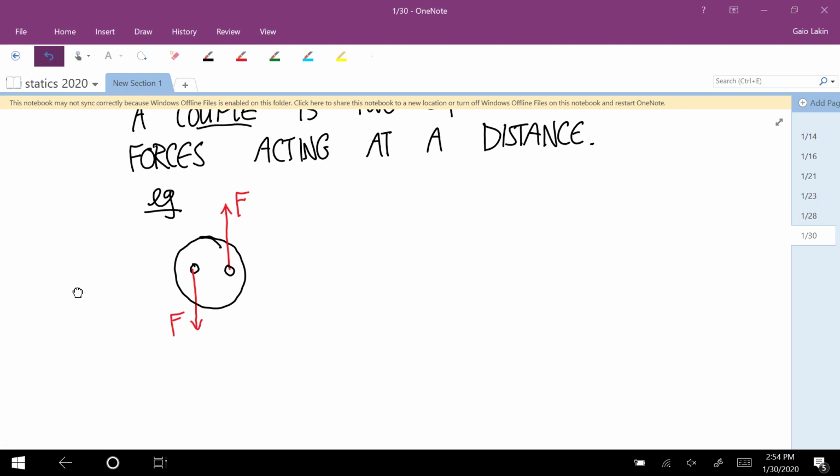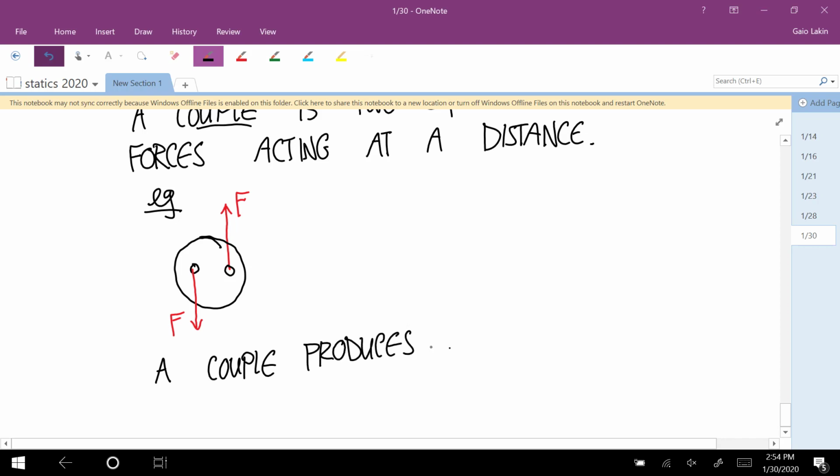And what we're going to see is that a couple produces a moment that doesn't depend on the about point.